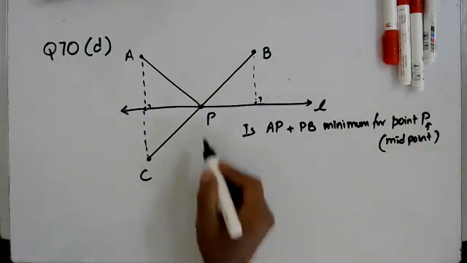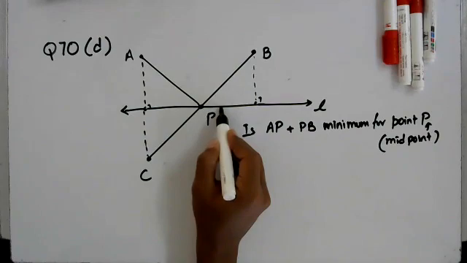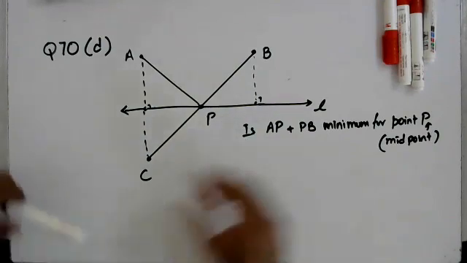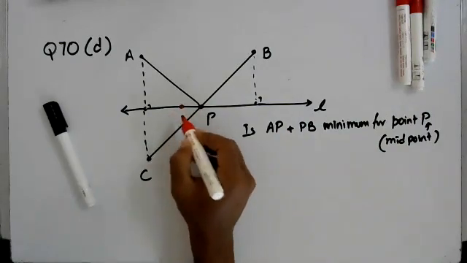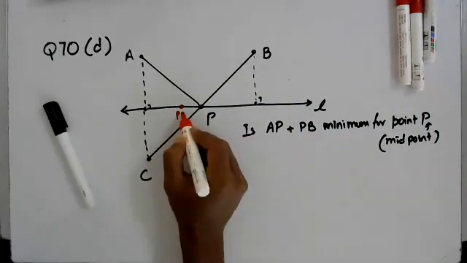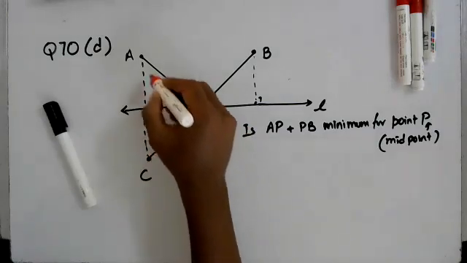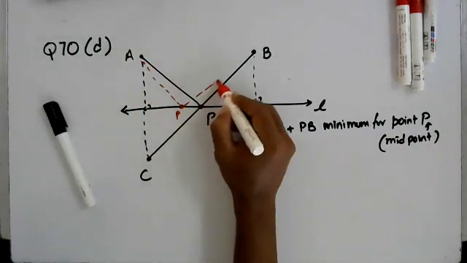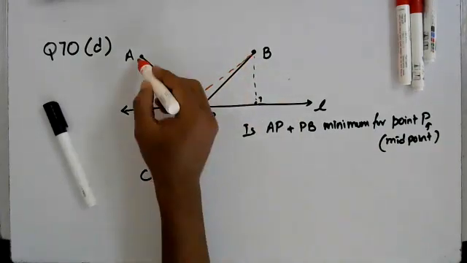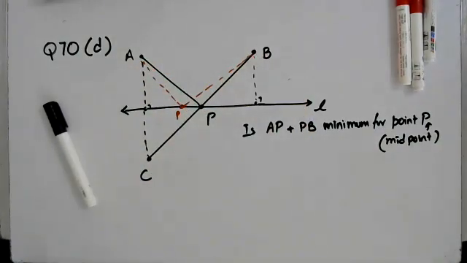So what they are basically saying is, if you move the point P, let us take a situation. Let us say that you moved point P over here, just moved it. Now the new length will be this and this. So AP and PB changed.